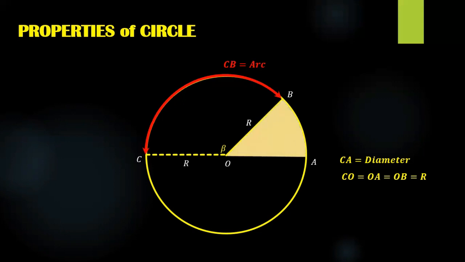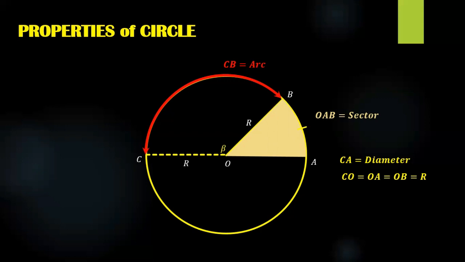So what is this? That's the shaded area, right? This shaded area we call a sector. So OAB is a sector.